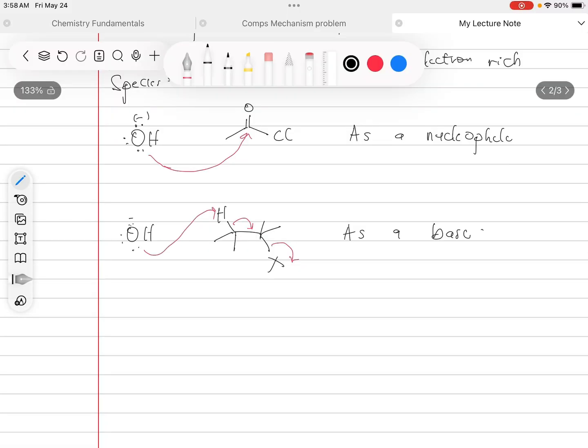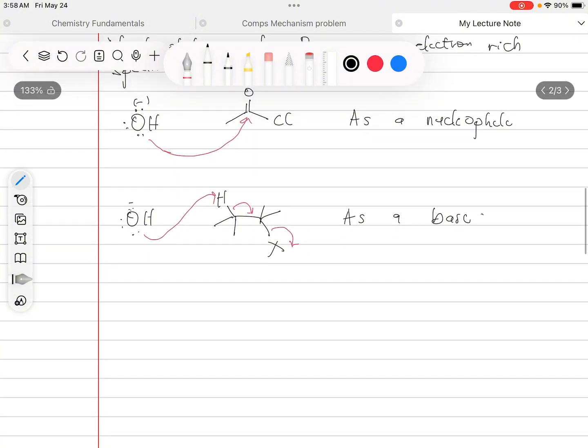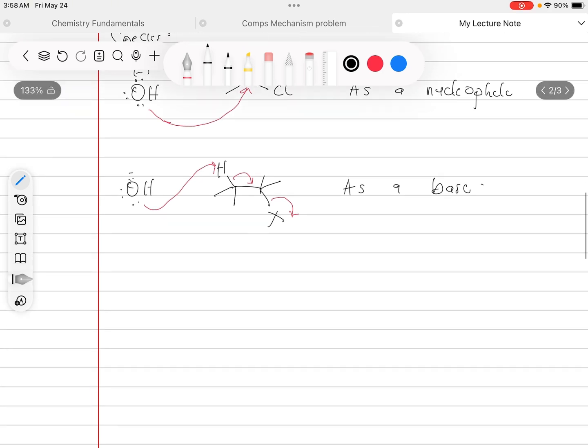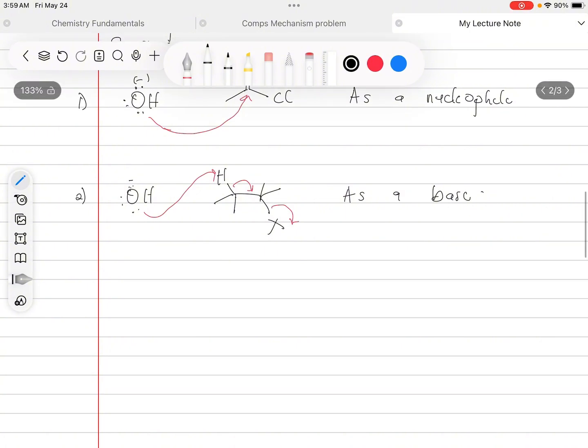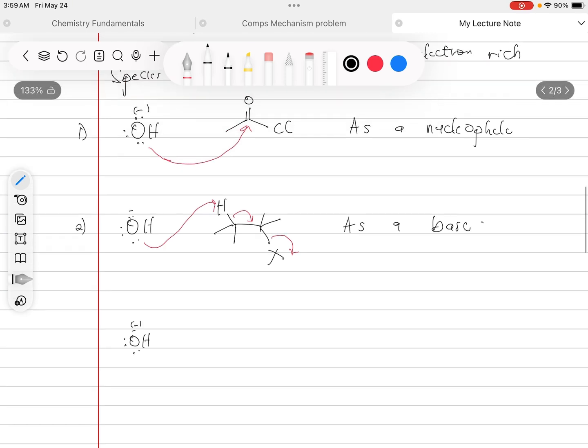Going further, most nucleophiles favor substitution reaction, but most bases favor elimination reaction, and the product of reaction of a base is usually an elimination product. For example, in the first reaction, we can have where the hydroxyl ion attacks the positive center.